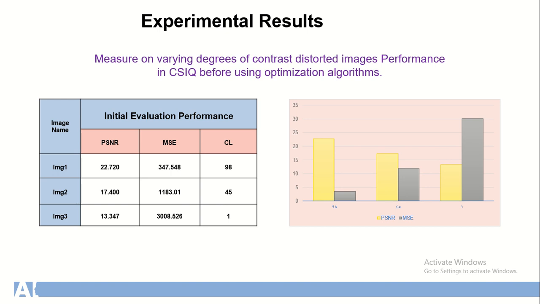This table shows the initial evaluation performance before using the optimization algorithm for PSNR, mean square error, and CL, which is the mean contrast level of the image. And this is the graph for the results of this table.